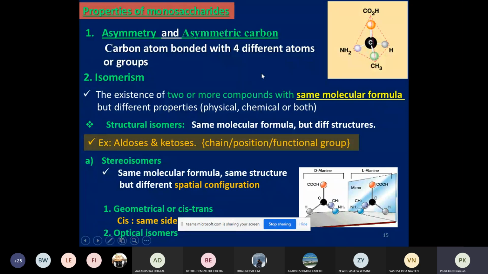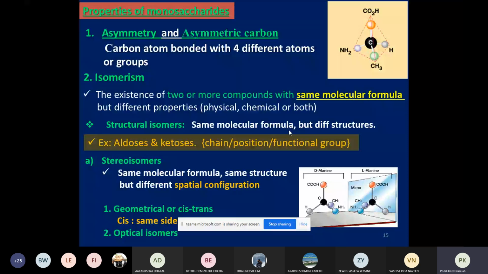An asymmetric center is a carbon that is bonded with 4 different atoms or 4 different groups.